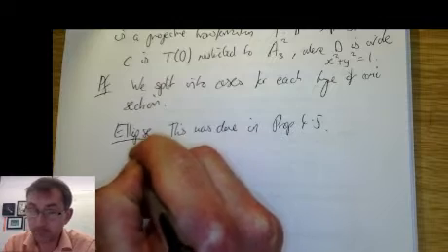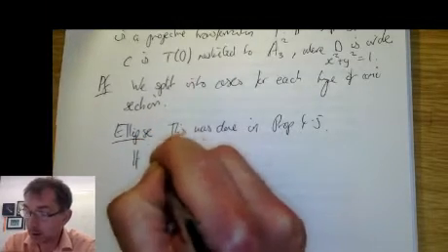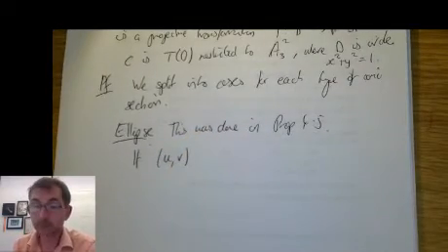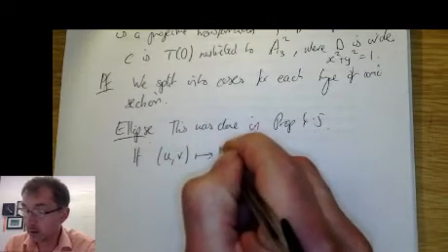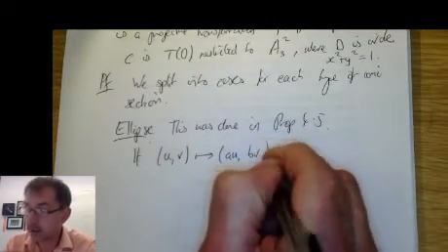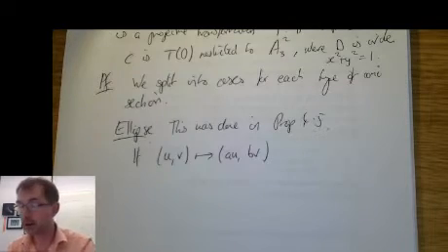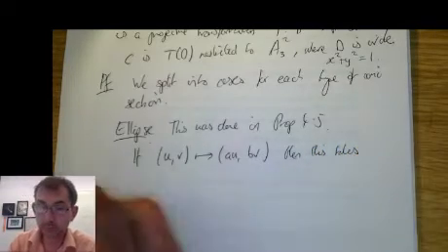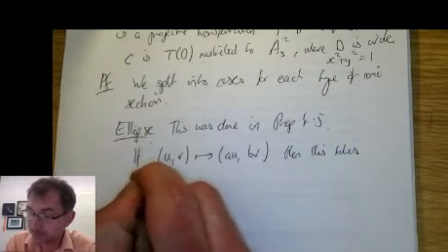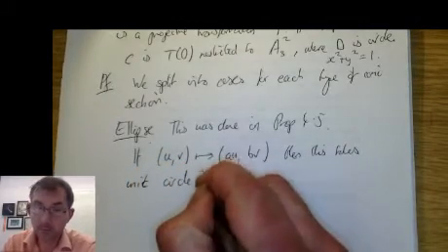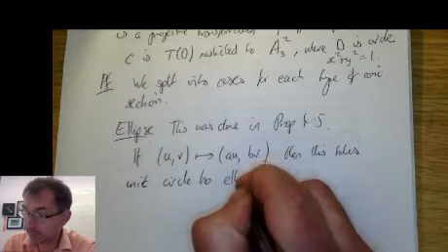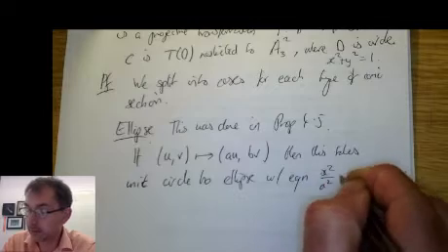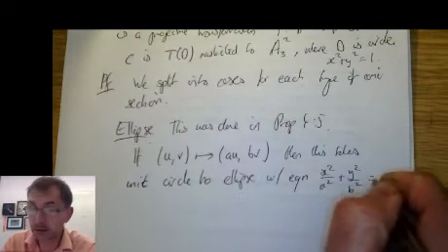Specifically, if the coordinates are u, v, mapping to au, bv, then this will take the unit circle to the ellipse with equation x squared over a squared plus y squared over b squared is equal to 1.